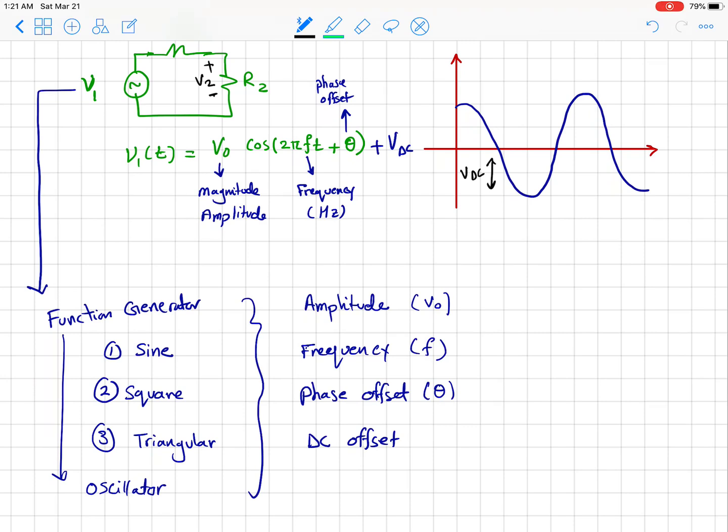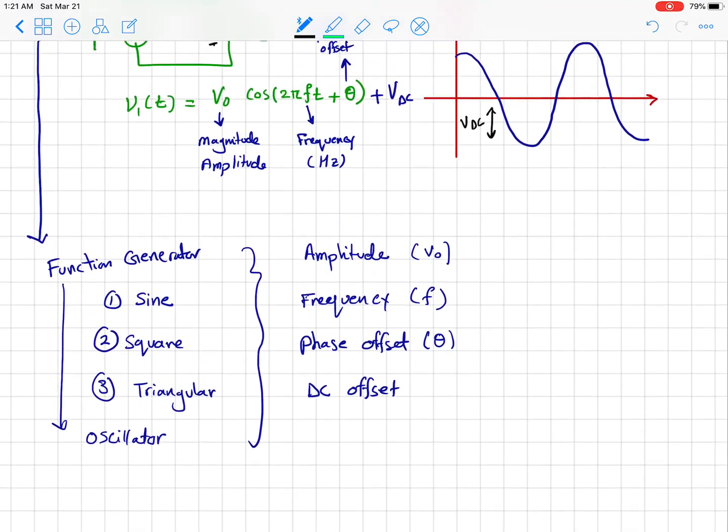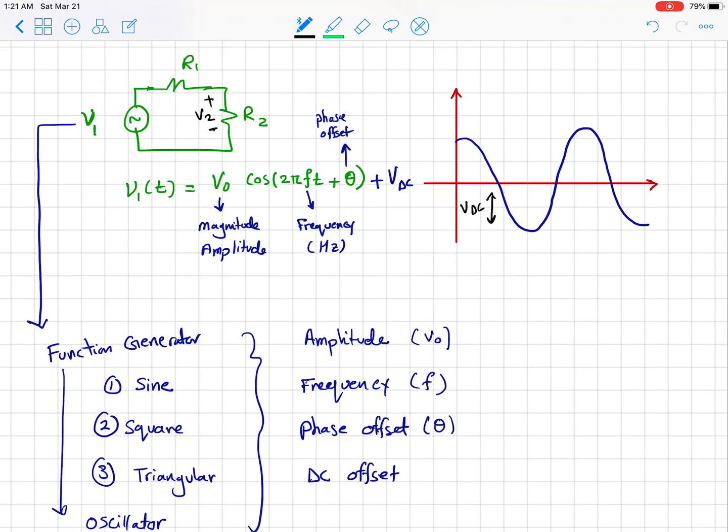The voltage here can be measured using a device called an oscilloscope. The oscilloscope will take the voltage; for example, it will have one channel that has both a positive side and a negative side, and it will show on the screen the voltage.